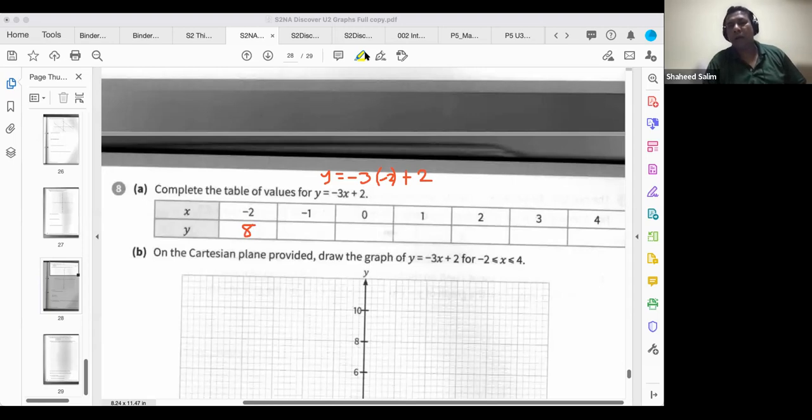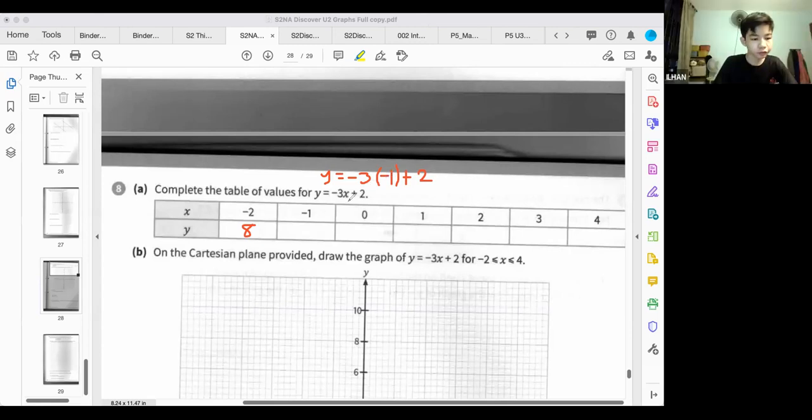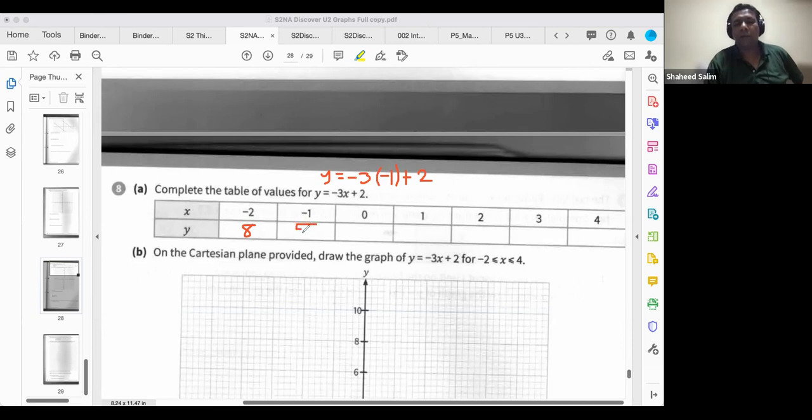Now you try the next one. Now you put in the next value. The value of x is minus 1. So what's the answer? Now you put minus 1. Minus 3 times minus 1. Positive 3, plus 2, 5. Yes, 5. Next one.